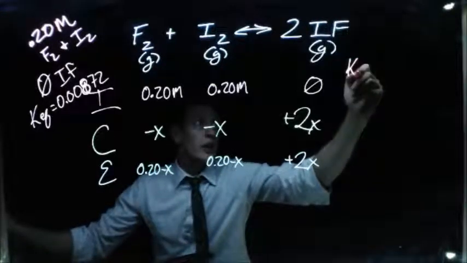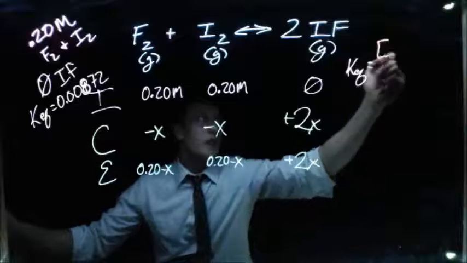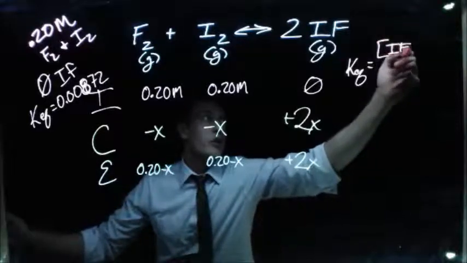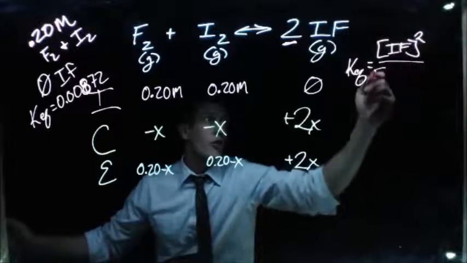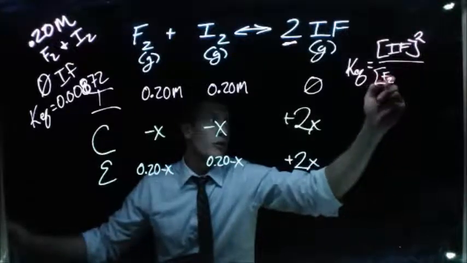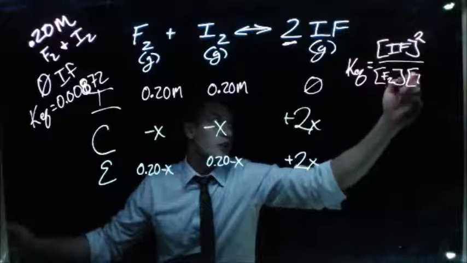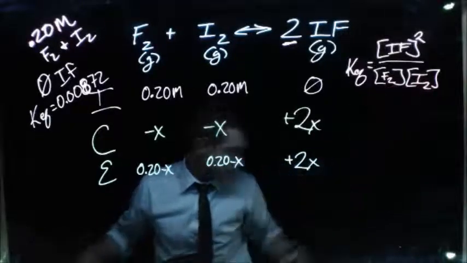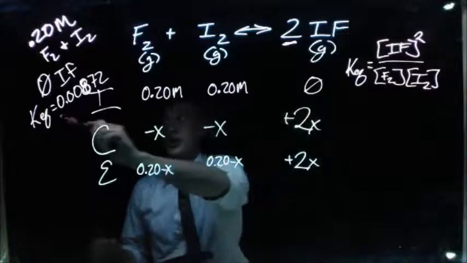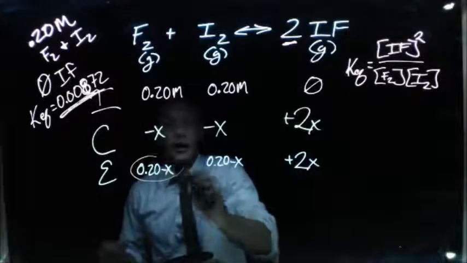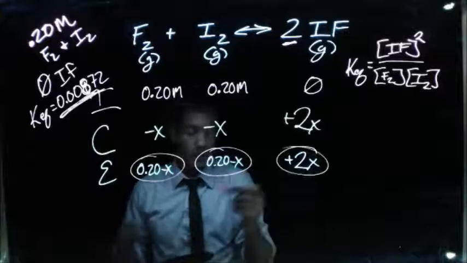So we know that KEQ is going to equal the concentration of the product, squared, over the concentration of fluorine times the concentration of iodine.